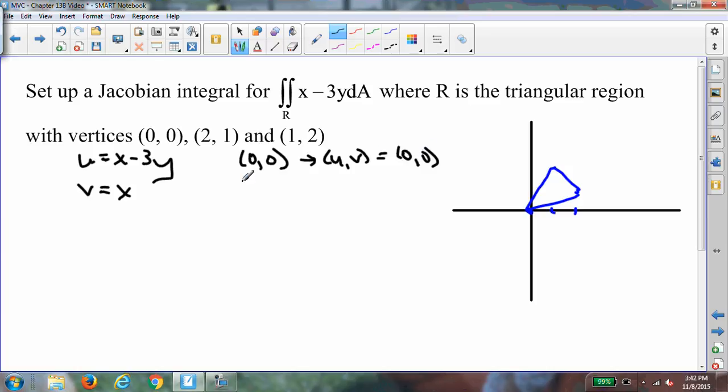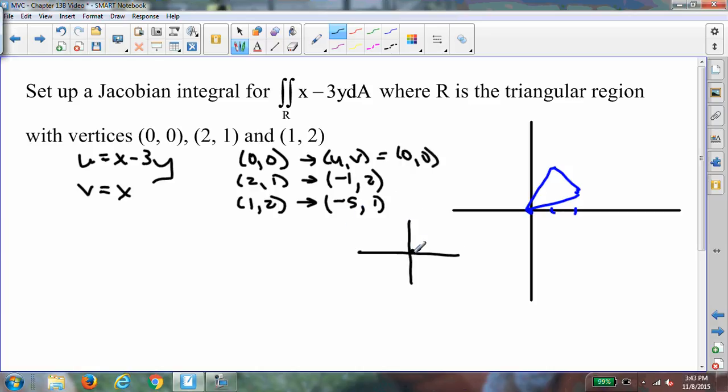If I took the point 2, 1, and did likewise, I would have 2 minus 3, which would be negative 1, and I would have v equal x, which would be 2. So that's my uv coordinate. And then I took 1, 2, and did the same thing. X minus 3y would be 1 minus 6, which would be negative 5, and v would be 1. And if I graph this, I would have 0, 0, negative 1, 2, negative 5, 1. That region. Which doesn't really help, because I still have to break it up into 2 pieces.